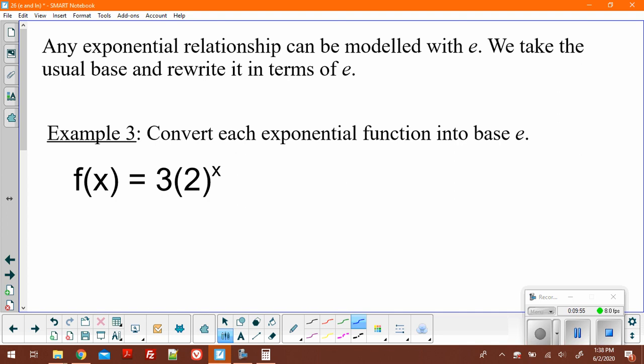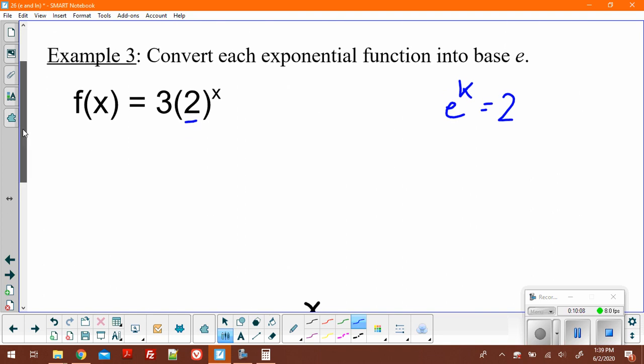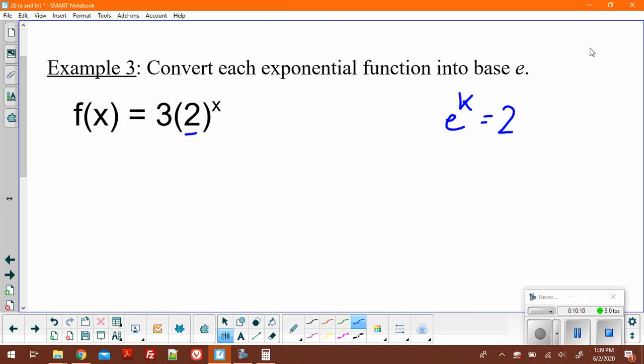I would like to replace 2 with some power of e. So I'm going to say e to the power of k is equal to 2. Now I need to solve that for k. So I'm going to take my log on both sides. All right, so the k comes down.